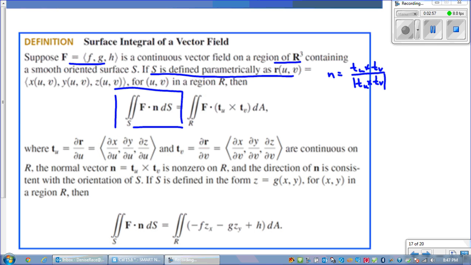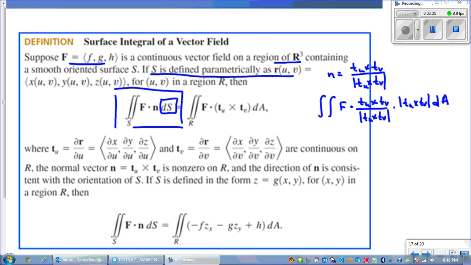We know that T_u cross T_v is normal to the surface, because the vectors T_u and T_v are tangent to the surface. So the cross product will be orthogonal to both of those. Using the formula that we had previously, we'll put F dot this normal vector. We're doing a surface integral, so dS is the magnitude of T_u cross T_v dA.